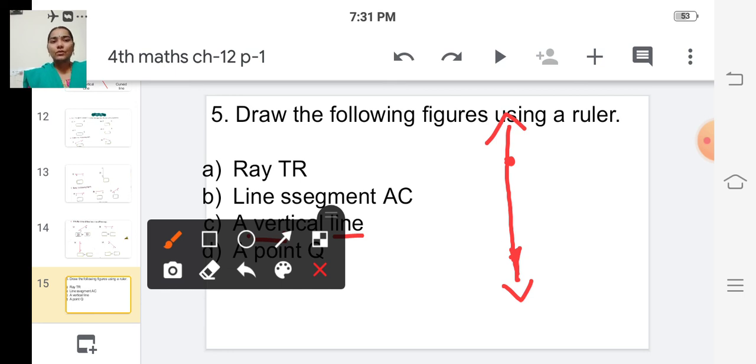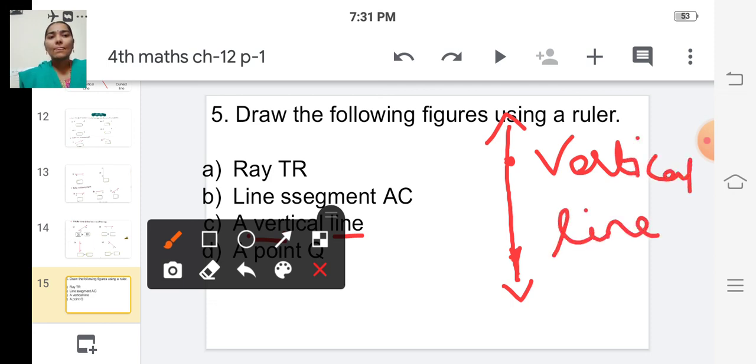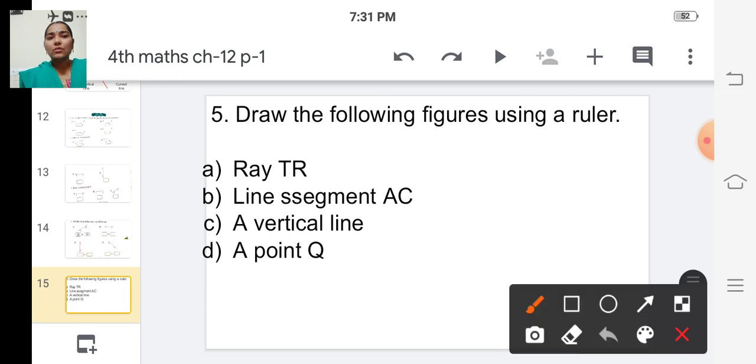This is a vertical line. They didn't give the points, like A, B, X, Y, so we need not mention this line. The last one, a point Q. So just put 1 point and name it as Q. This is the point Q.